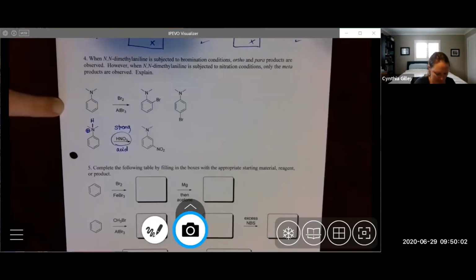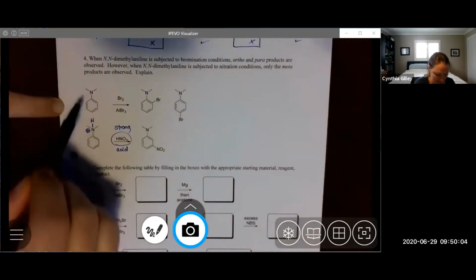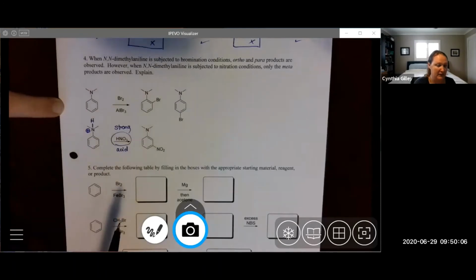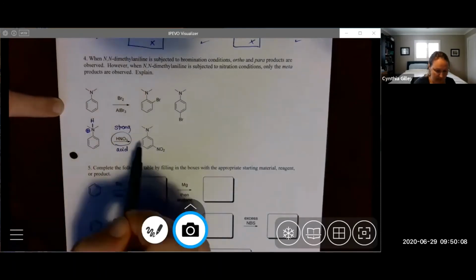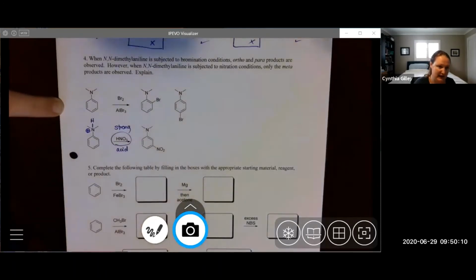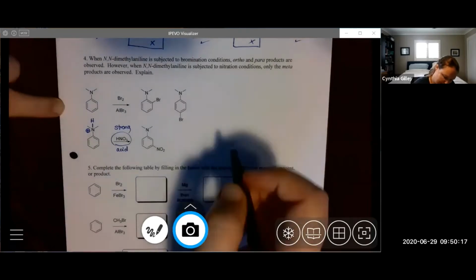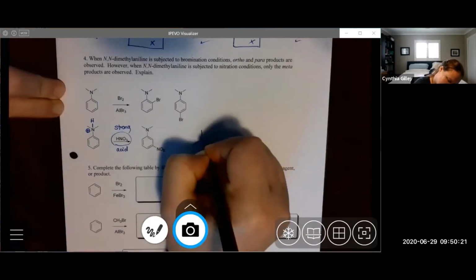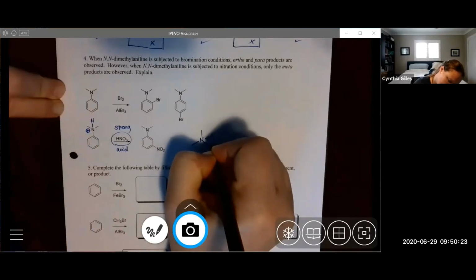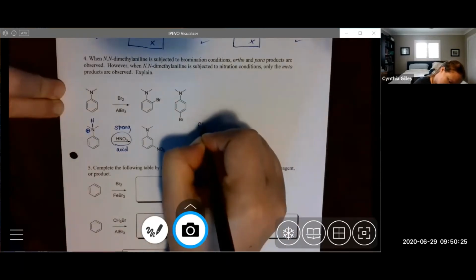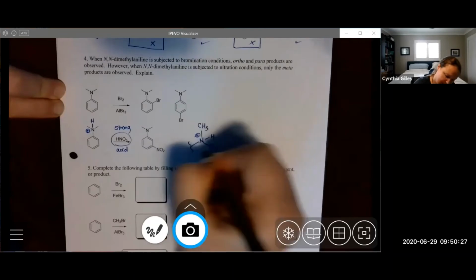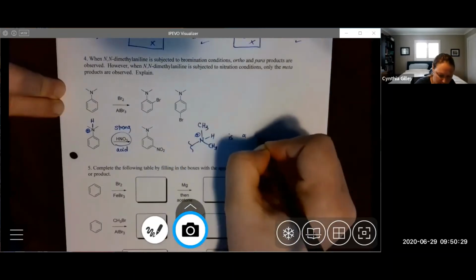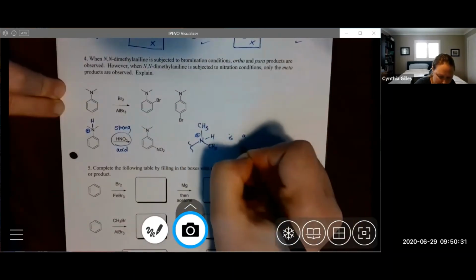So it converts what used to be a strong activator into a strong deactivator. The deactivators are meta-directors. So that explains the introduction of the nitro group in the meta position. So the protonated group is a strong deactivator.